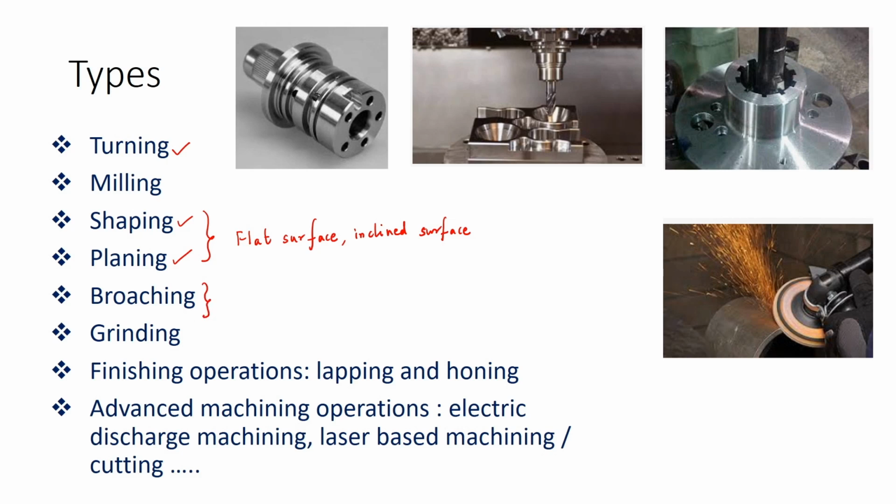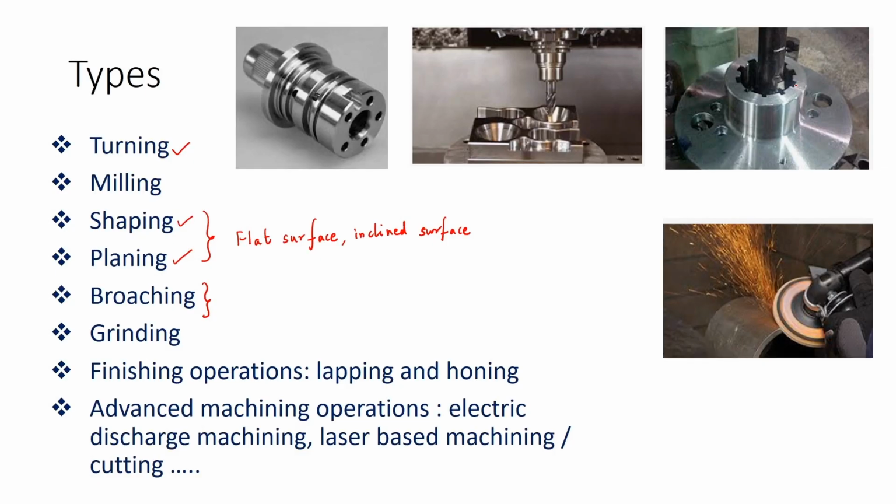In broaching, we are generating the spline, or we can generate keyholes in circular parts that you can see here. The tool has teeth with a gradual increase in their size. So, these gradually increasing teeth are generating the required shape in the work part.